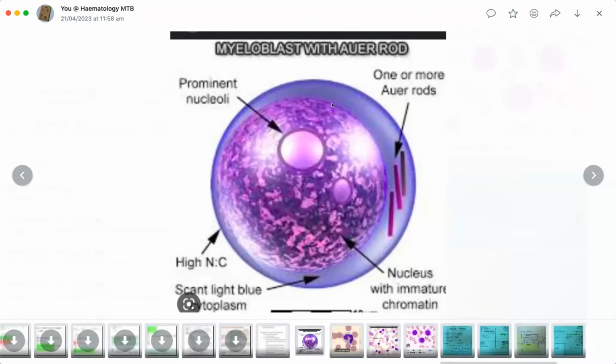Okay, so this nucleus is the purple one, the big one, and the nucleoli is the mild purple. So this is the prominent nucleoli. So the fact is that if you get a picture like this with Auer rods, this is definitely AML. Okay.